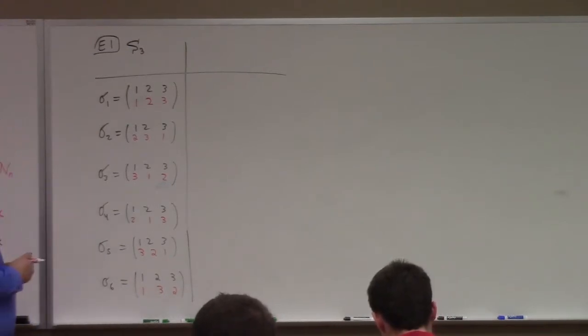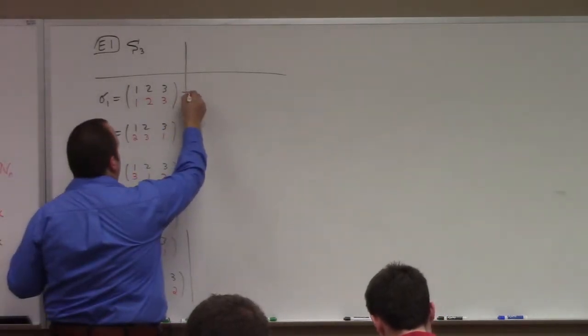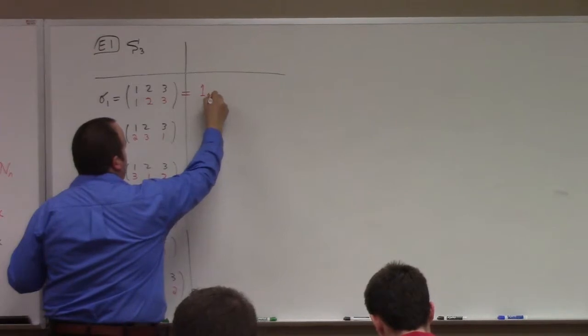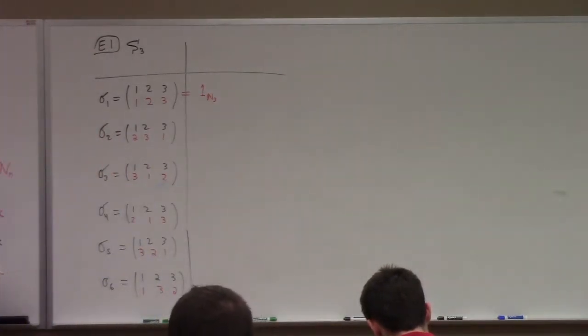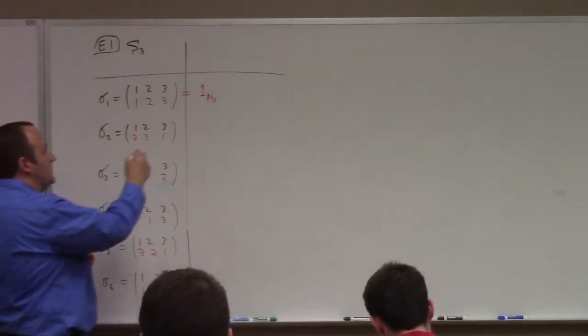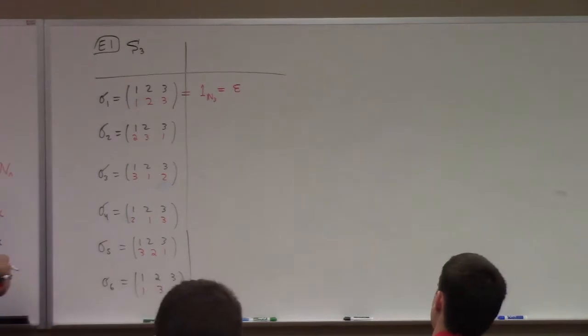Now, this first permutation is actually what? We have another notation for this. This is actually 1 on n sub 3. It's the identity map on 3 numbers. In Nicholson, he uses the variable epsilon for that.